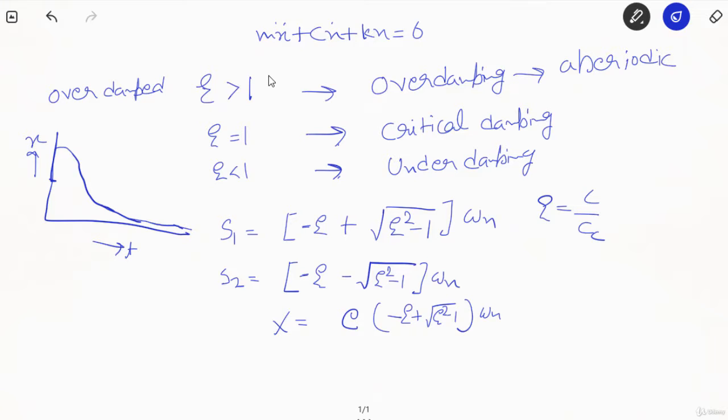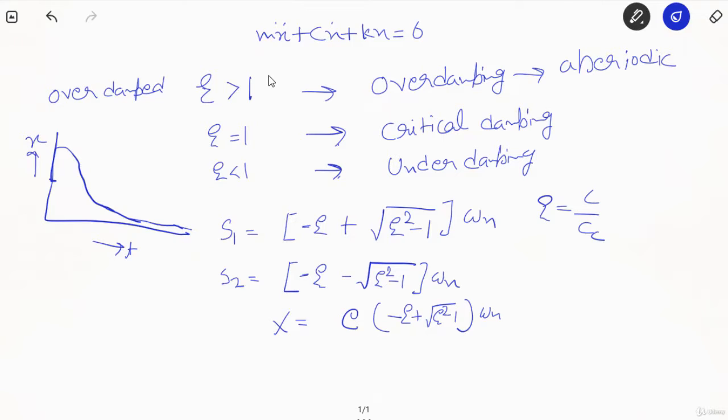Now we can discuss a little bit about critical damping here. Critical damping is a barrier between the overdamped system and the underdamped system, right? That means if we exceed this particular point, we reach the case of overdamping, and if you are below this, we are talking about the underdamping case, right?